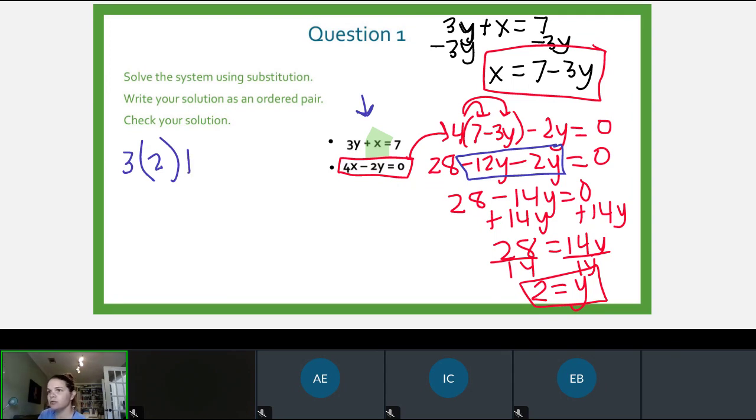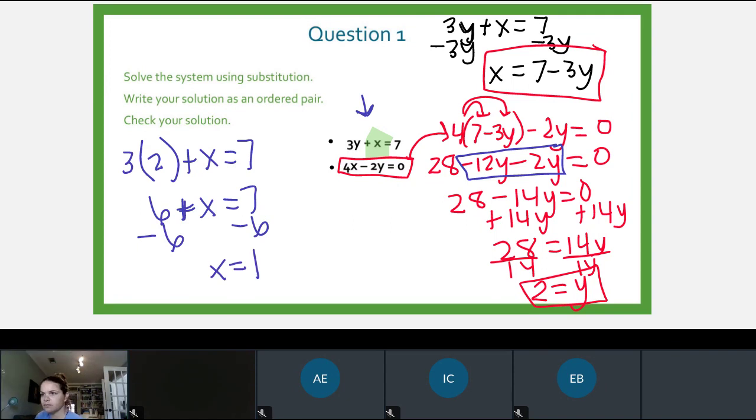So 3 times 2 plus x equals 7. 3 times 2 is 6. 6 plus x equals 7. Again, I'm solving for x now. So I'm going to subtract 6 from both sides to get x equals 1, which makes our solution to this system the point 1, 2. Questions so far?